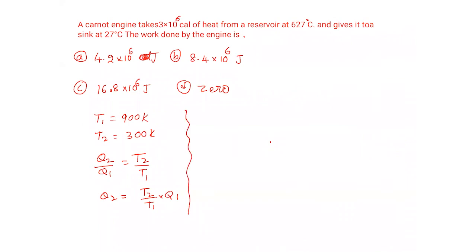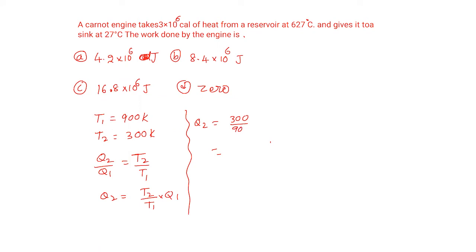So why do we want this Q2 value? T2 is 300 Kelvin.